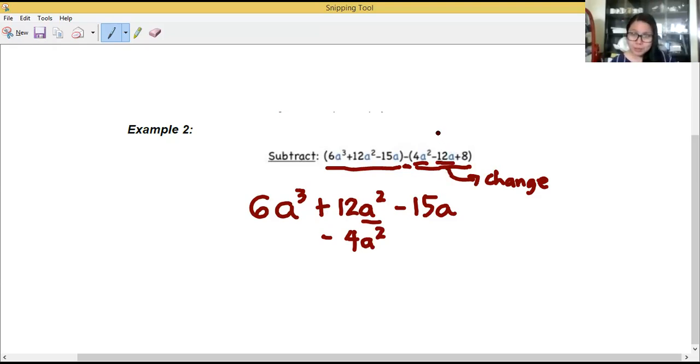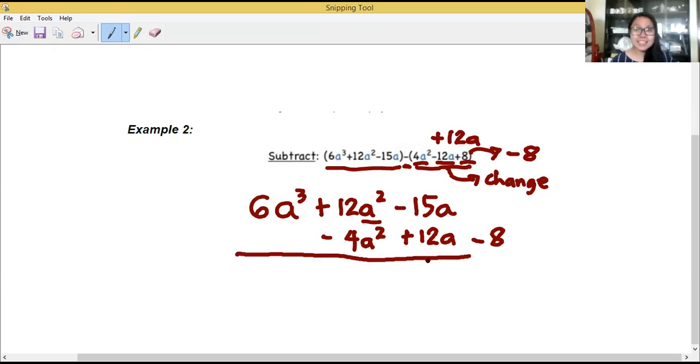And negative 12a becomes positive 12a. So plus 12a. Next, 8. 8, what's the opposite sign? Becomes negative 8. There's no constant in the minuend. So you have it in the last, minus 8.